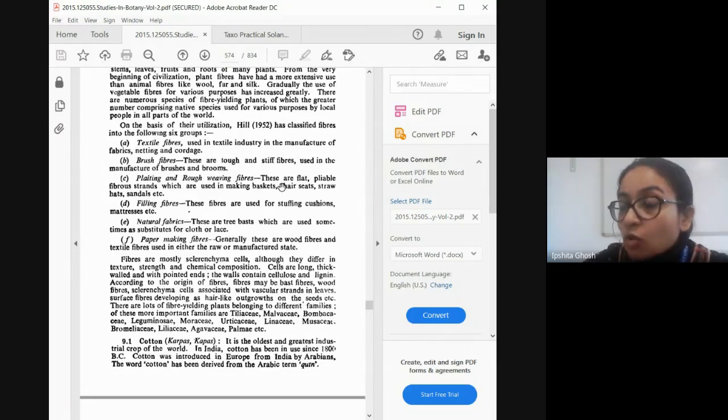So fibers also have immense importance in the paper industry. Wood fibers and textile fibers are used as raw material in paper manufacturing industries. So this is another use of fibers.